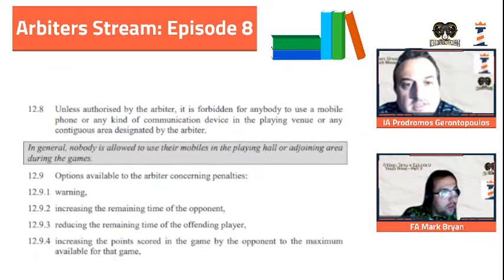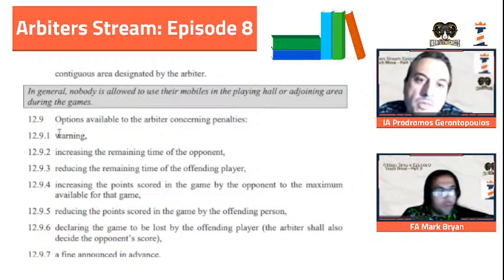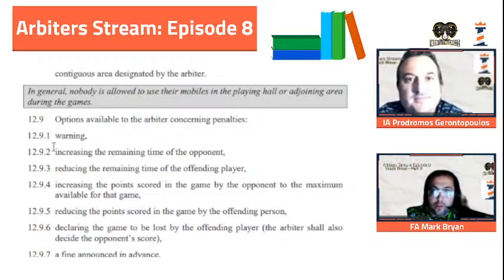So Article 12.9, 12.9.1: we usually start with a warning first of all, and then the arbiter usually decides to continue with increasing or reducing the remaining time of the offending player, one of these choices. But usually it's increasing the amount of time.